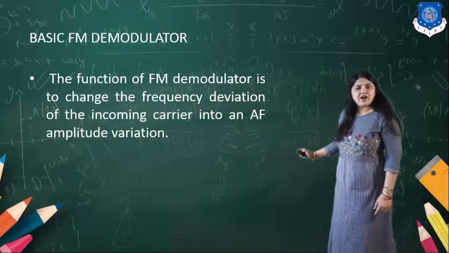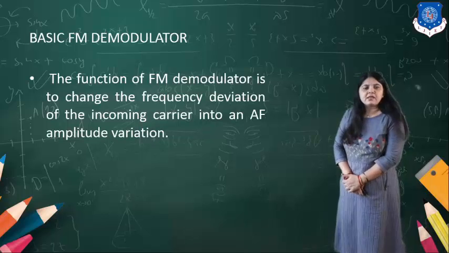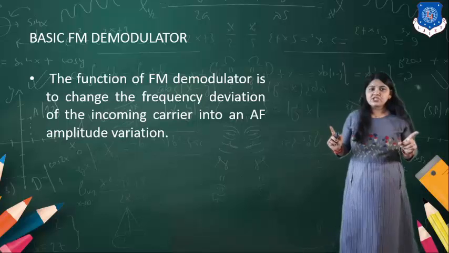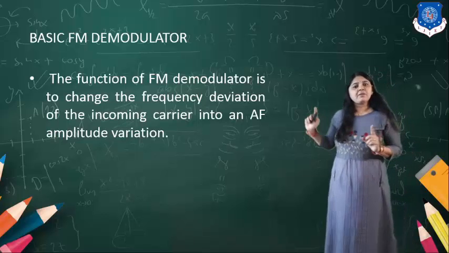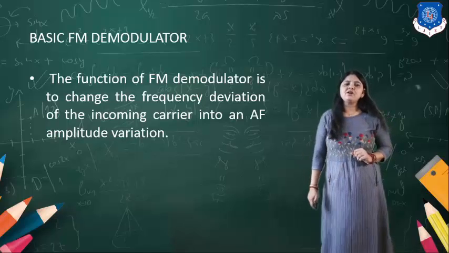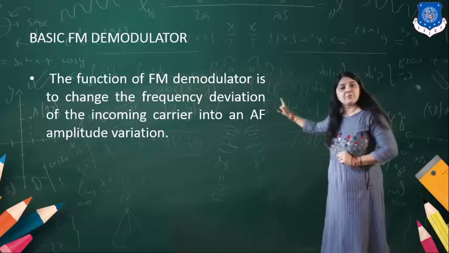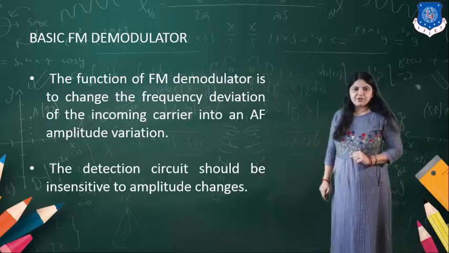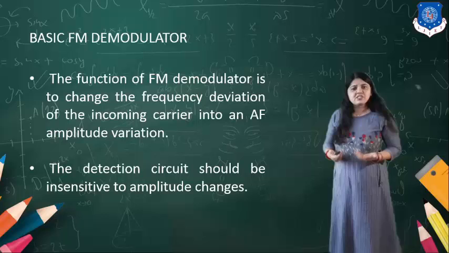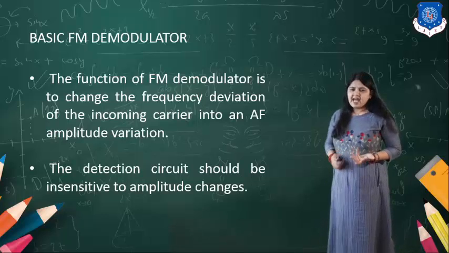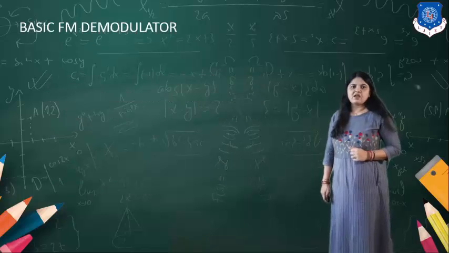So the function of the demodulator is to change the frequency deviation of the incoming FM carrier into an amplitude variation. This is the main function of the FM demodulator. The detection circuit should be insensitive to amplitude changes.